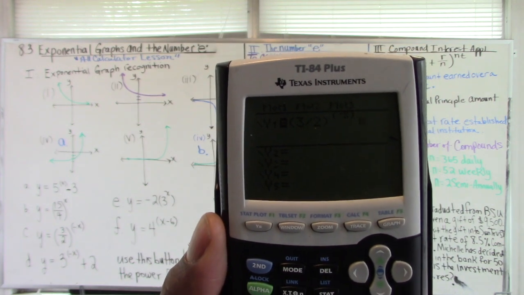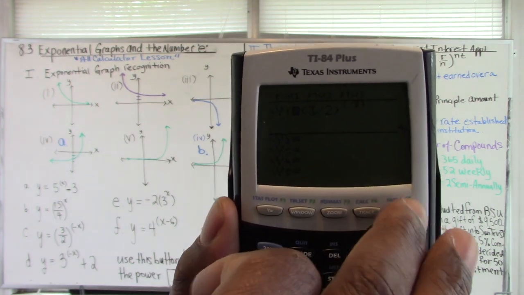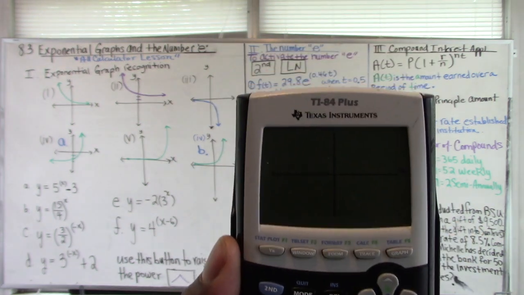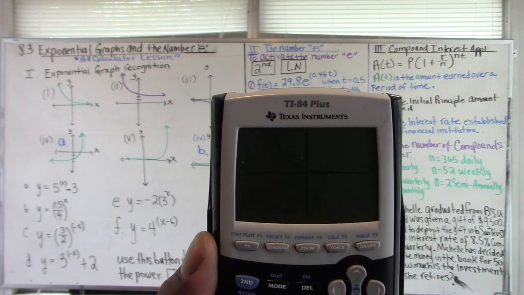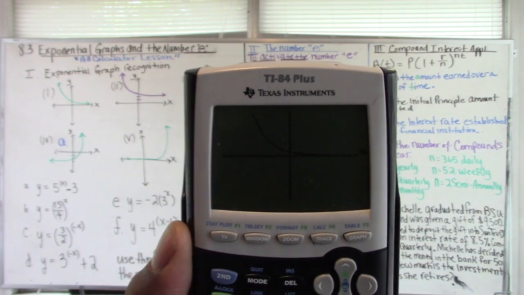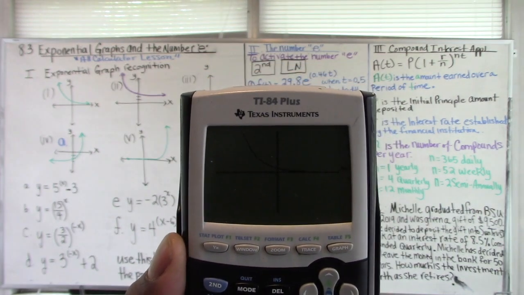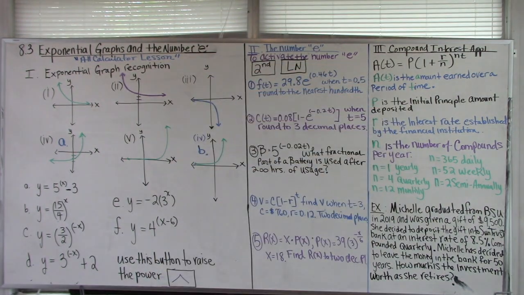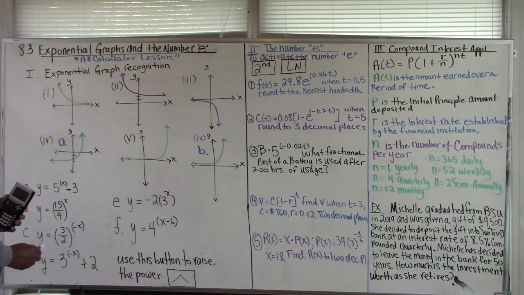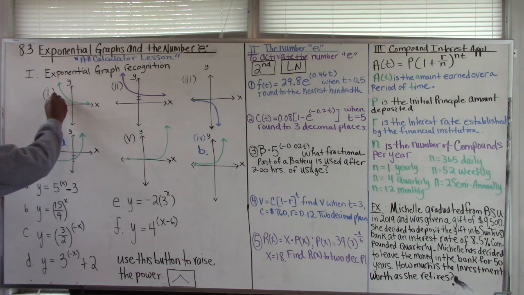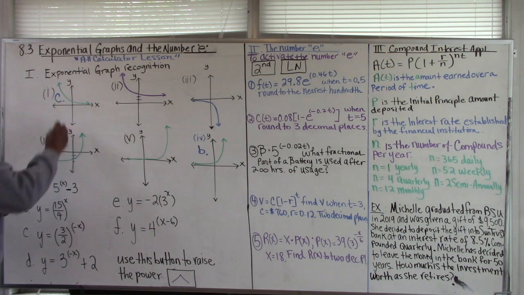And then hit the button that says graph. Let's take a look at it. There it is. Which graph is that? If you said number 1, I agree with you. The first one. So C is number 1.